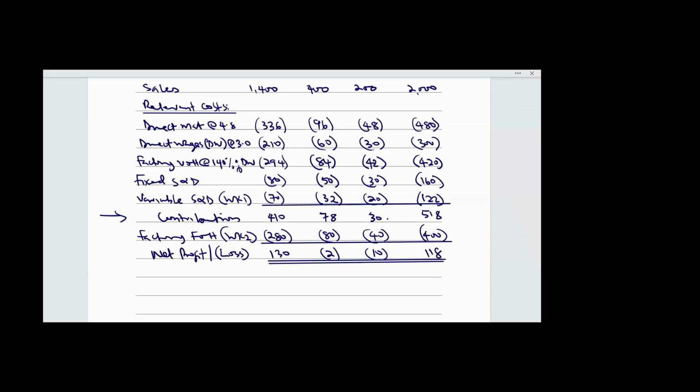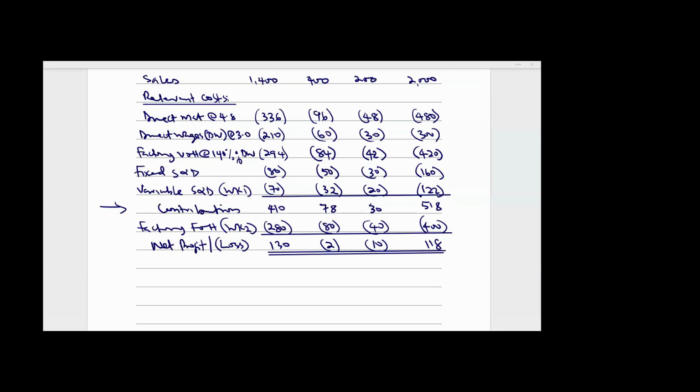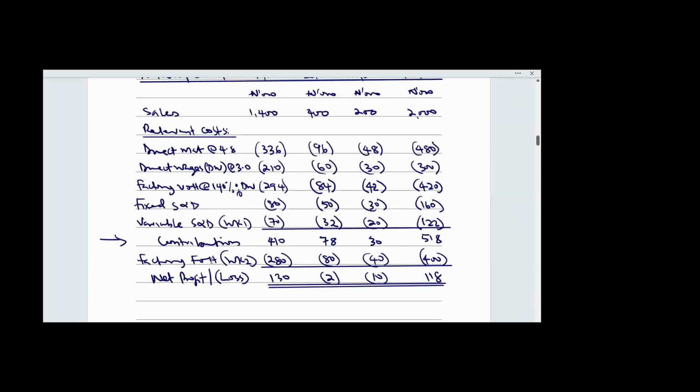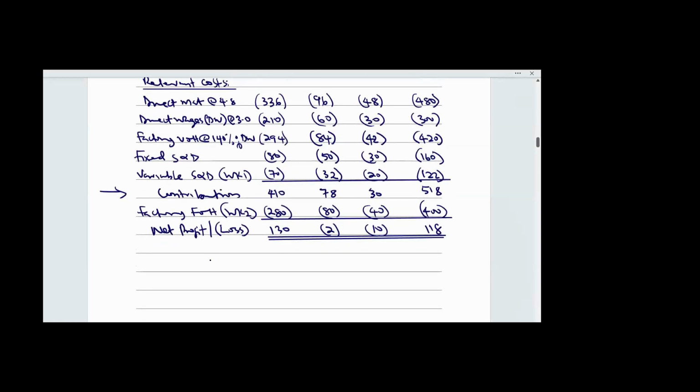So the examiner is asking you in the A requirement of the question that you should prepare a budget for the company from the figures provided, indicating why management is thinking of closing the depots in Benin and Kaduna. So we have prepared the budget statements and we have shown the reason why. It is because we see from our calculation that Benin and Kaduna depots are operating at a loss.